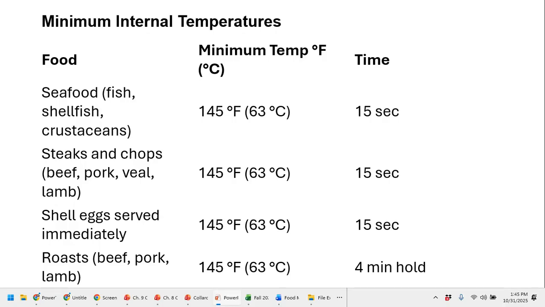Basically, it's a whole piece of meat, kind of like a steak, but a whole lot bigger, right? So that's beef, pork, lamb, veal. But look at the hold time where we're going to make sure that we hit that temperature. 4 minutes. It's not 15 seconds. It's not a quick check. We have to make sure that it maintains at 145 for 4 minutes, because you're dealing with a significantly larger piece of meat.